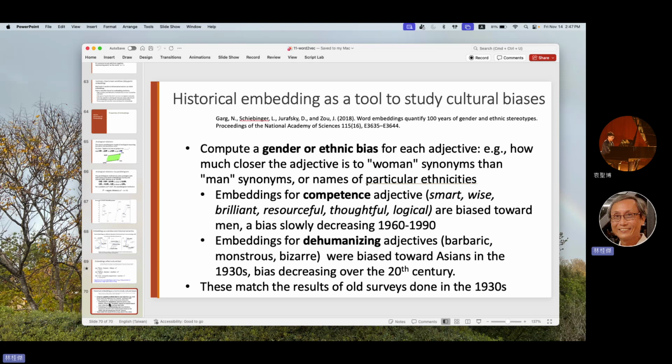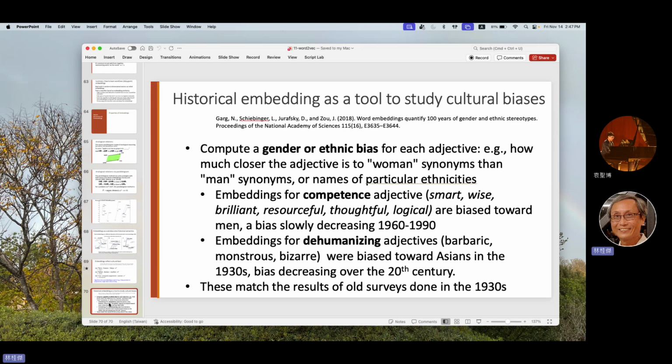And also in some older texts, dehumanizing words, which are close to barbaric, close to monster, to bizarre, are often quite closer to Asian.